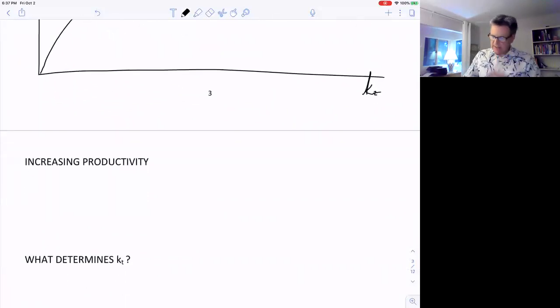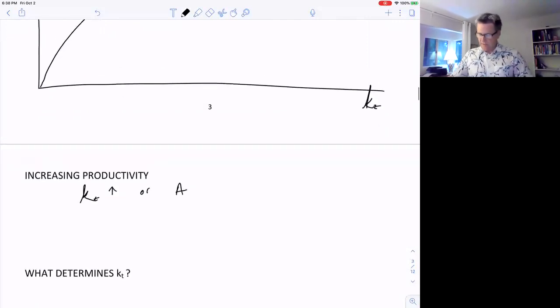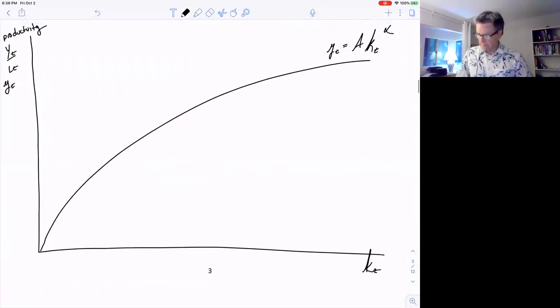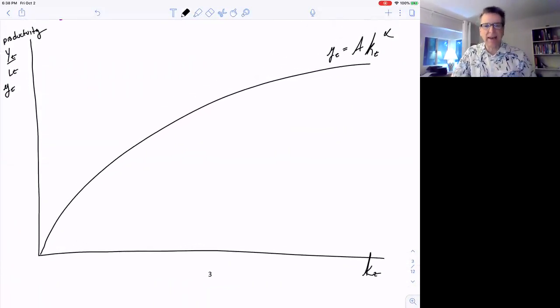So to increase productivity, we have to increase little k or A. And we want to figure out here, what should little k t be? Where would be an optimal or an equilibrium amount of capital labor ratio? Kind of like in the Malthus model, we found an equilibrium. Well, how can we get an equilibrium in this model when we're adding in capital?